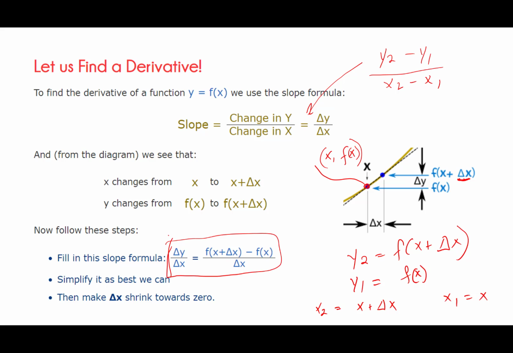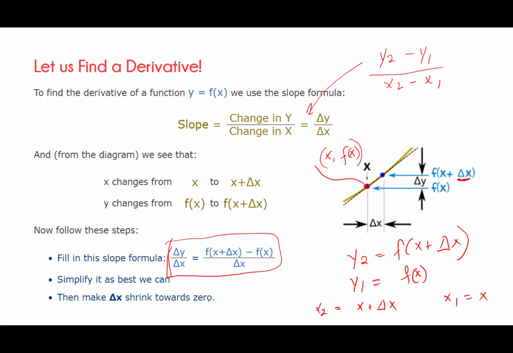Now again, delta x there represents my incremental change in x, and f of x plus delta x would represent my change in y, and delta x would represent my change in x. Getting that formula, my goal now is to actually shrink or minimize my delta x.